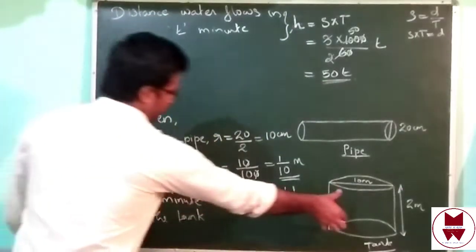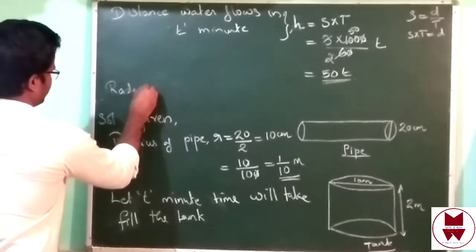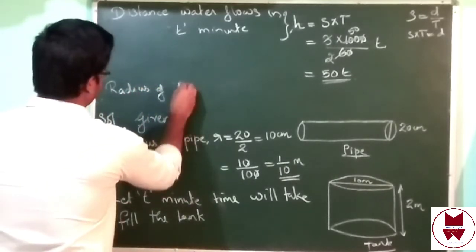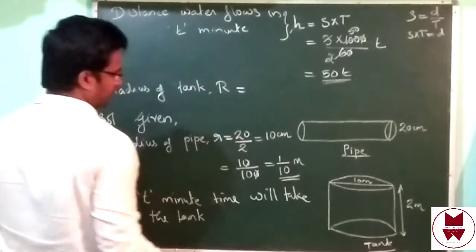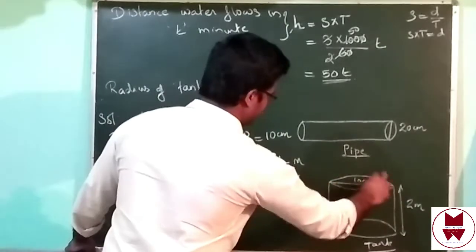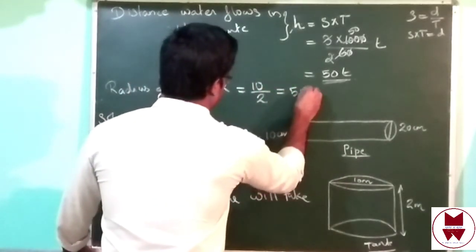Then second part, now the tank. Radius of tank, that is capital letter R. What is the radius of the tank? Total diameter is 10, 10 divided by 2, you will get 5 meter.